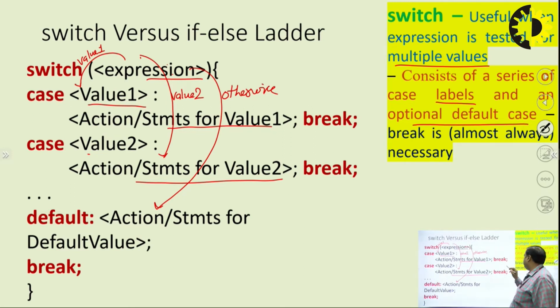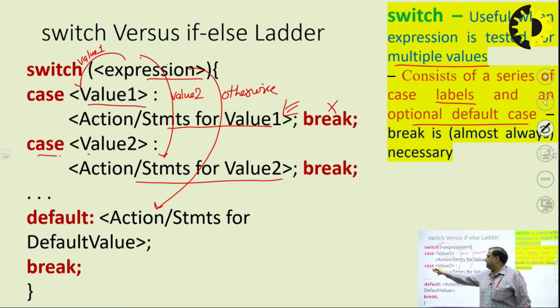Break is a very necessary part of this. If break is not there, then what will happen? Let me make you understand. Like in this example, if the expression results in value 1, then control will come here and it will execute this statement. And if break is not there, then what will happen?